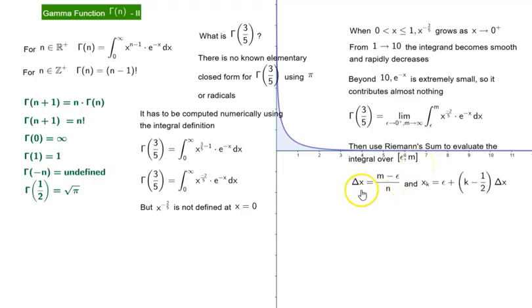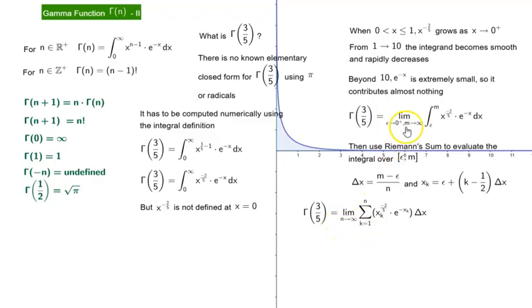So the intervals would be of delta x width, where delta x is equal to (m minus epsilon) divided by n, and x sub k is equal to epsilon plus (k minus 1/2) times delta x. So here we are taking a midpoint Riemann sum.